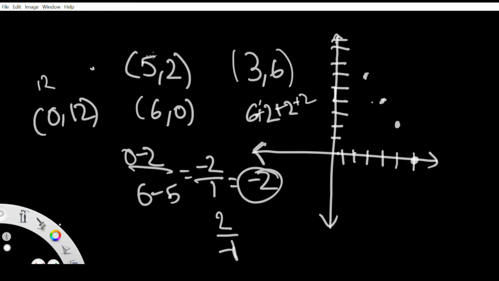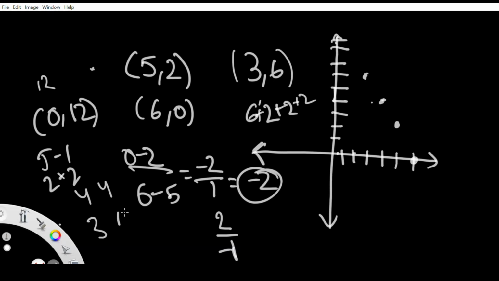Here, if you subtract 5 minus 1, you're adding 2 to 2. So you're making 4, 4. Similarly, 3, 6. And then 2, 8. 1, 10. And finally 0, 12. Which gives us our y-intercept.